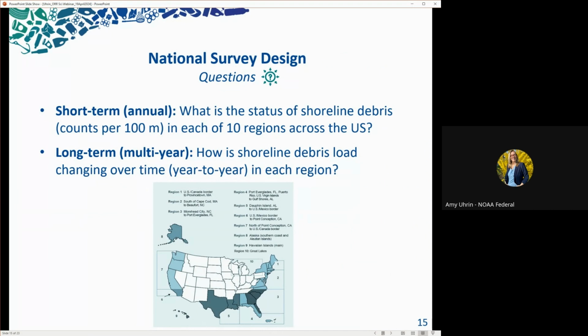What we would like to know is, in a given year, what is the status of shoreline debris in each of these 10 regions? And then at a larger temporal scale, how is the debris load on their shoreline changing over time? Not only year to year, but also in the long term, maybe in a decade's time, how has that debris load changed?